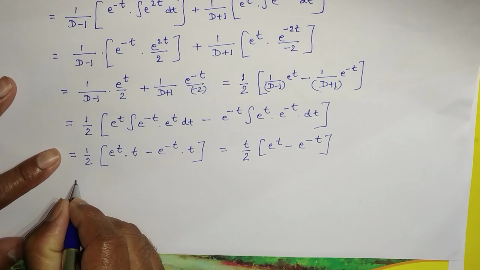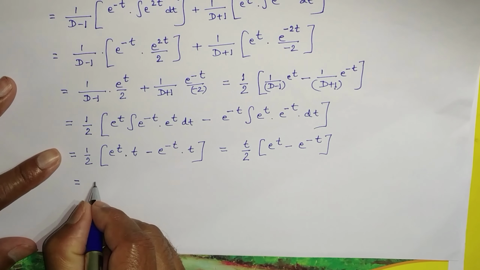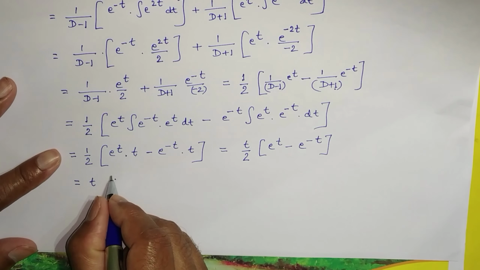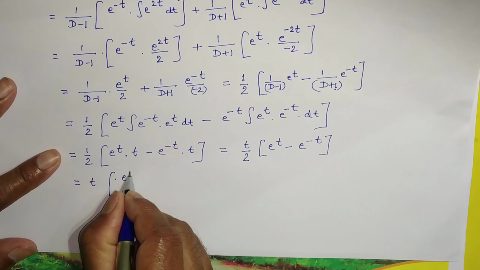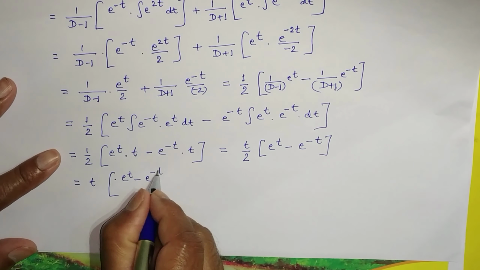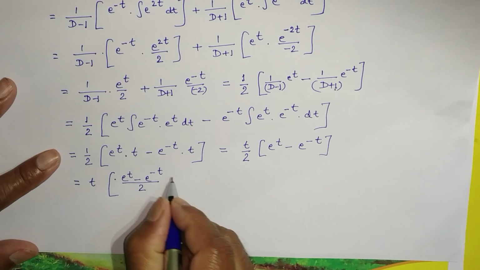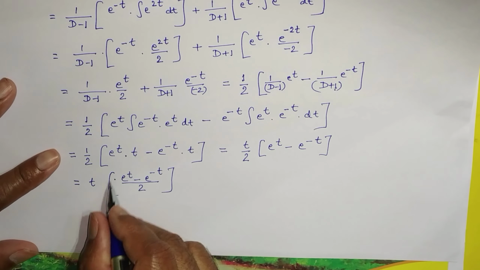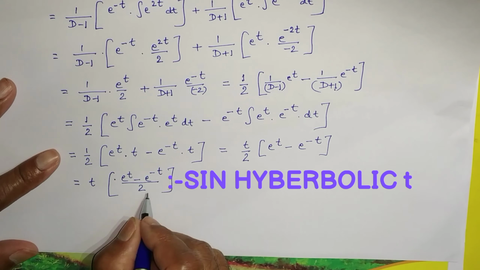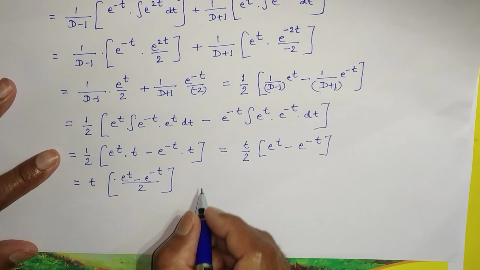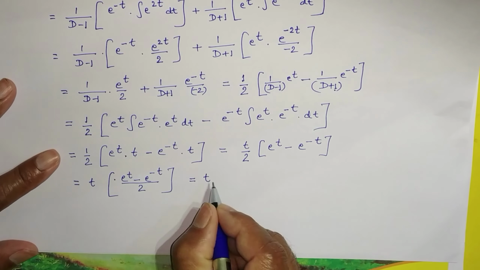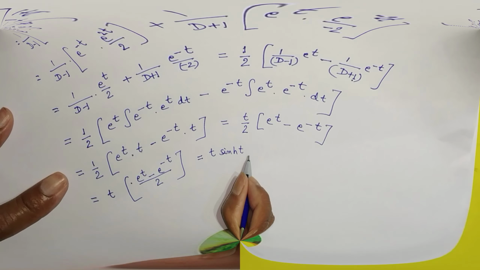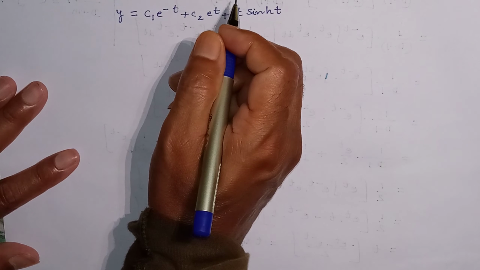This may be written as t common, e raised to t minus e raised to minus t upon 2. What is this? This is nothing but sine hyperbolic t. So t sinh t. This is the particular solution.